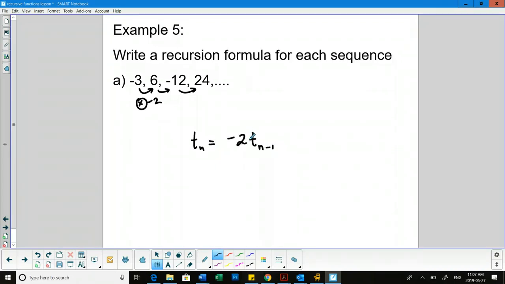Okay, so I do -2 times the previous term, which will be Tn minus 1. This is my recursive function. I can also express this as an explicit function. We know how to do that. We just sub in the a and the r in the geometric sequence formula. But this is the recursive version of that.